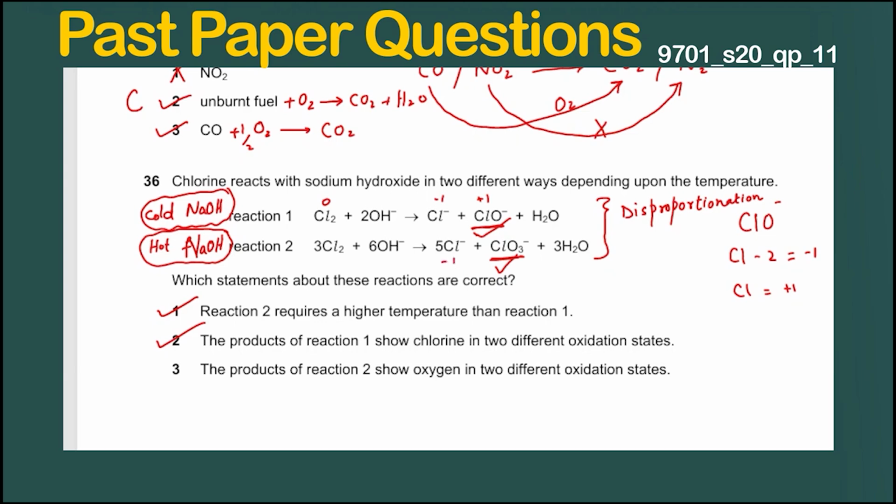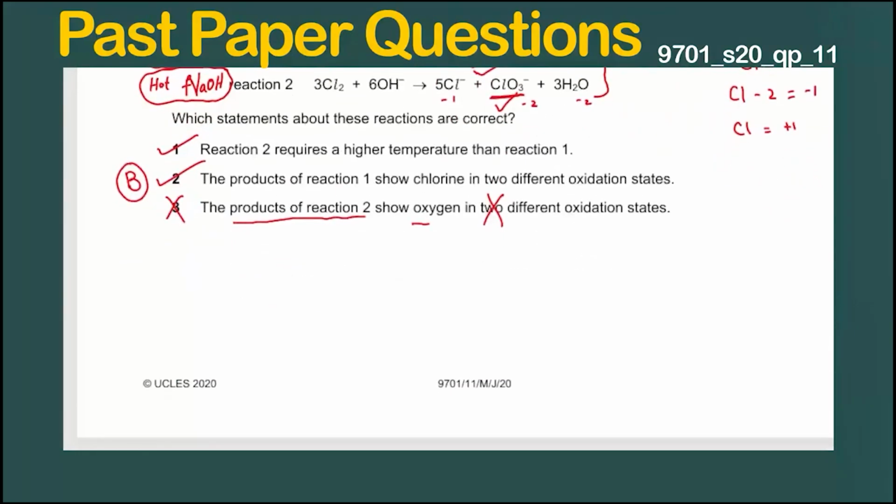Here we have -1. Oxygen is -2 here, oxygen is -2 here. In both cases, the products of reaction 2 do not have two different states of oxygen; both are the same. So that's why it is not the correct statement. So first and second statement is correct. So which one is your answer? B. All right, B is your answer.